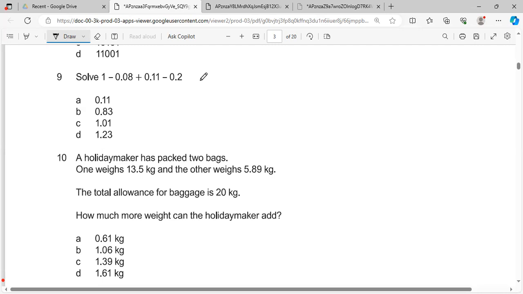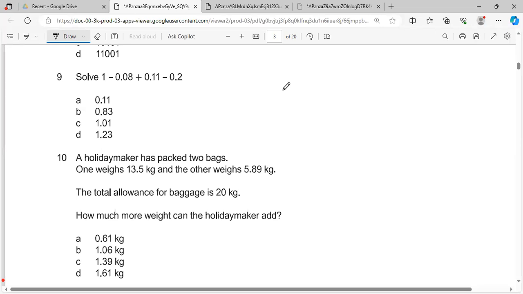Sir, I got the answer. Sir, can you please repeat what you just said? It's there. 1 minus 0.08 plus 0.11 minus 0.2. Okay, sir, got it. All right, let me hear it. What you got?